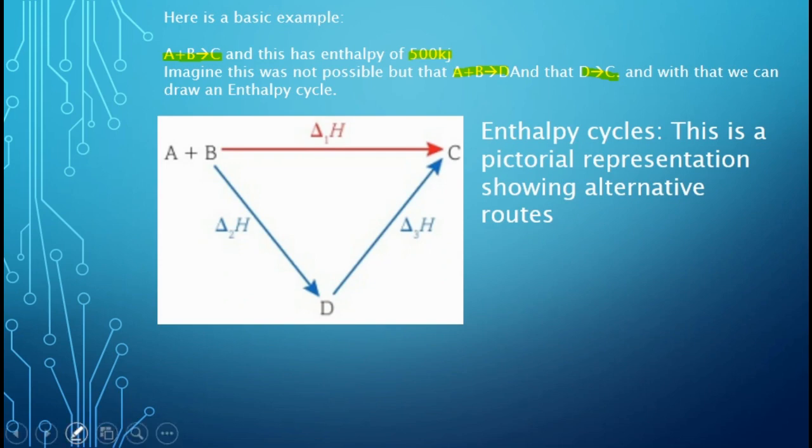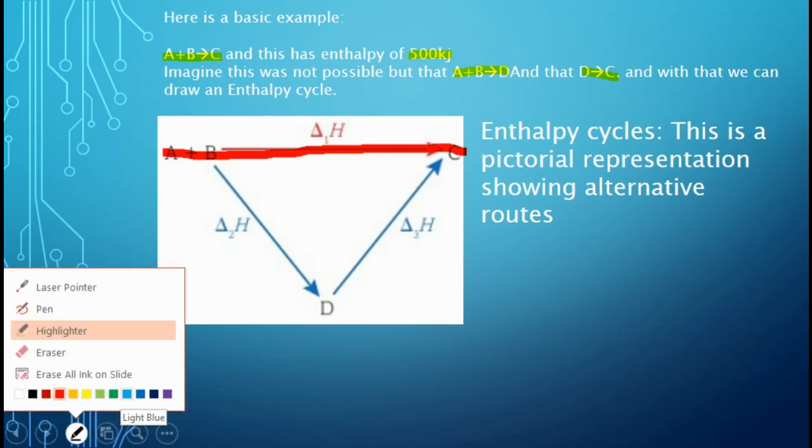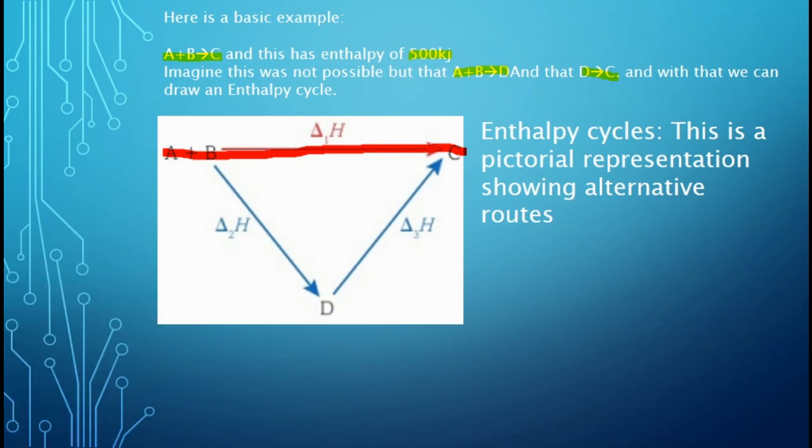So here, let's put that in another color. Here we have our made up route, right? A plus B equals C. Now we know that's not possible. However, we can go through a route called A plus B equals D, and then this makes C. Now with the information that we had, true or not, we know that this is 500 kilojoules.